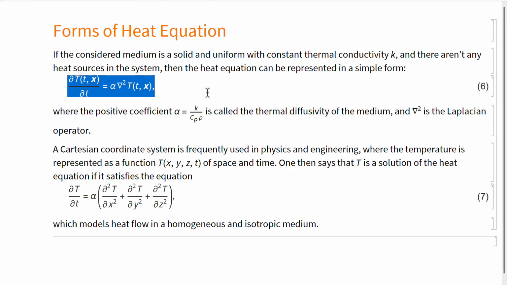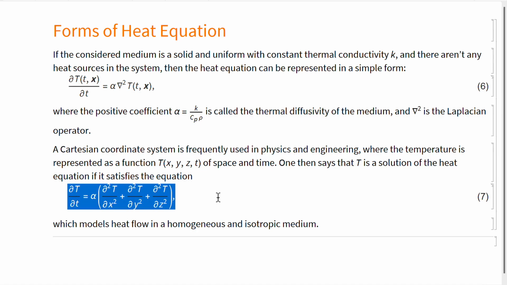Usually, in physics and engineering, a Cartesian coordinate system can be used where the temperature is a function of space coordinates x, y, and z, and time t. Then we can say that temperature T is a solution of the heat equation if it satisfies the following equation, which models heat flow in a homogeneous and isotropic medium.